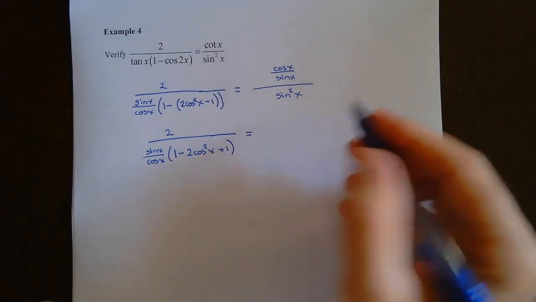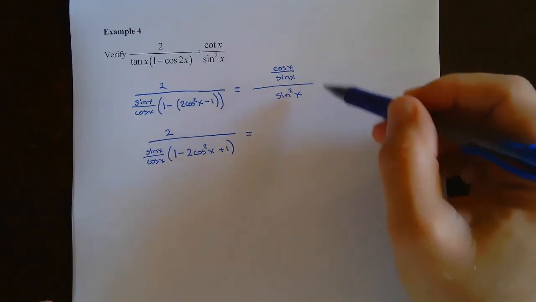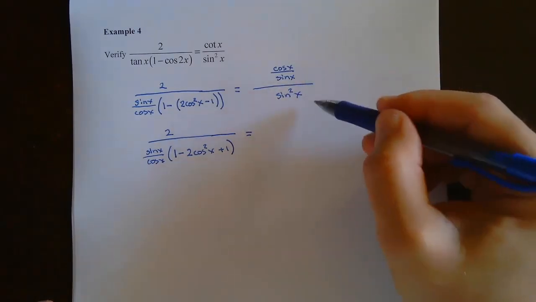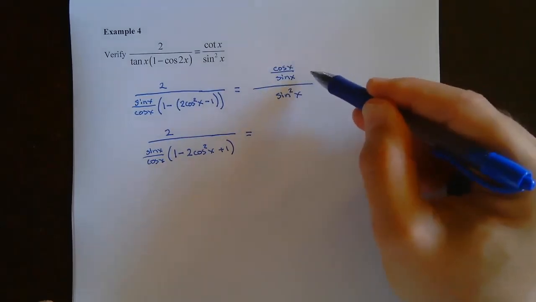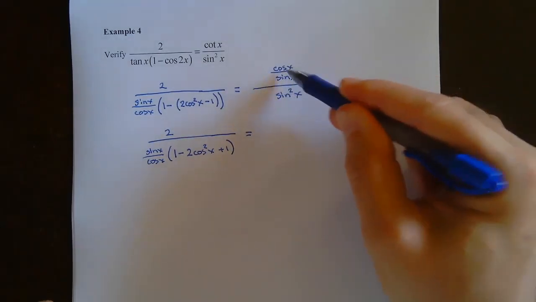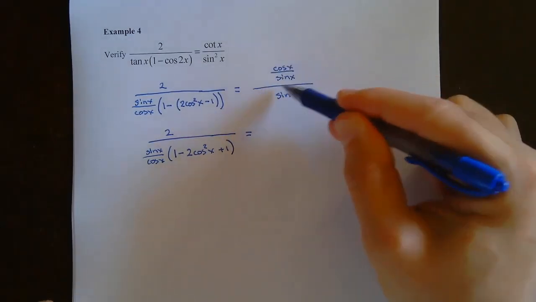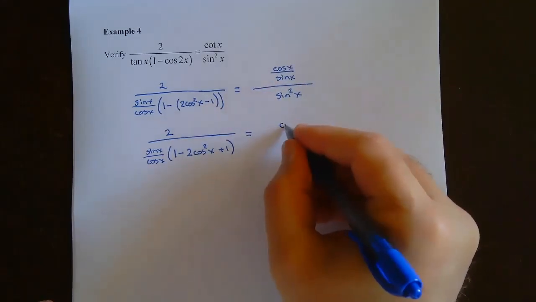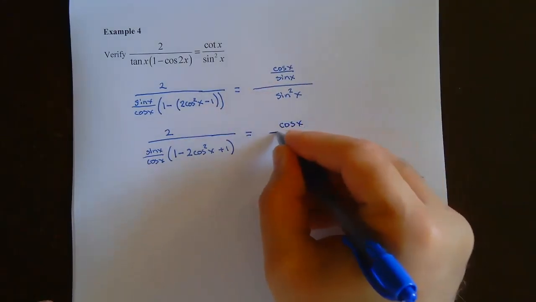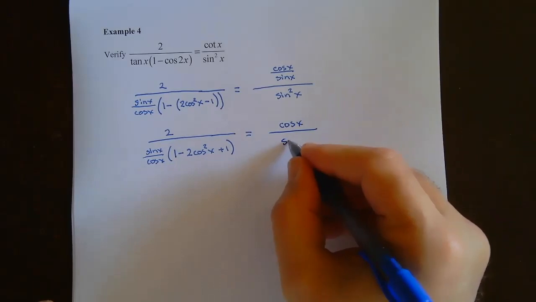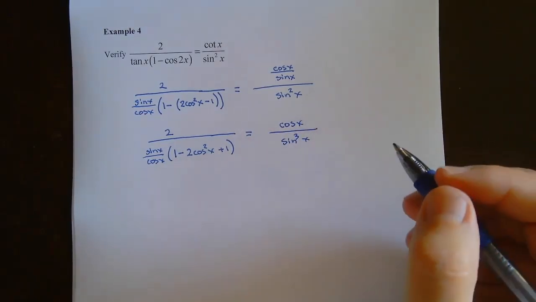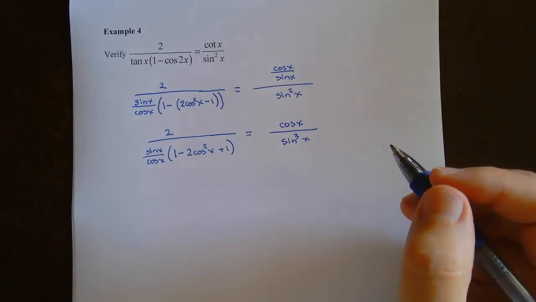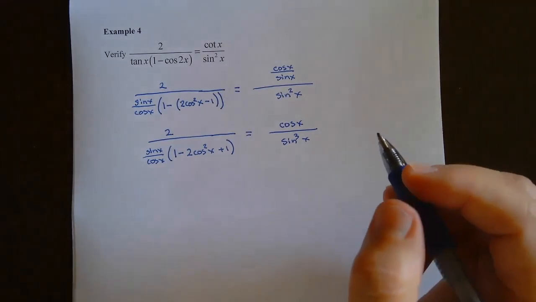Equals, and over here on this side, I'm kind of working on both sides at the same time. I'm going to multiply top and bottom by the sine x to get rid of this complex fraction. If I multiply this top by sine x and the bottom by sine x, what's left on top is cosine x over sine cubed x. And I'm kind of done with this side; there's not really anything else you could do.